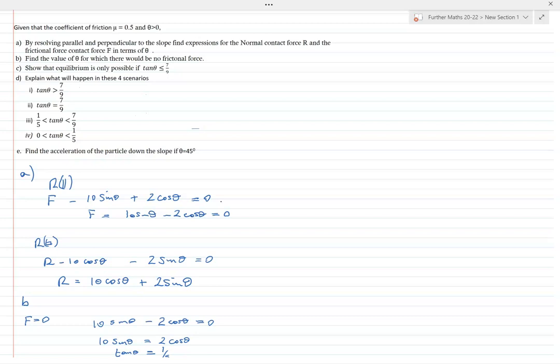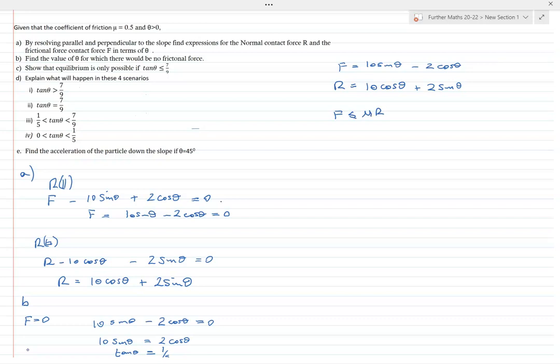So we have our expression for F, which is 10 sine theta minus 2 cos theta. We have our expression for R, which is 10 cos theta plus 2 sine theta. And as we say, if friction does not satisfy this inequality, then equilibrium is not possible.